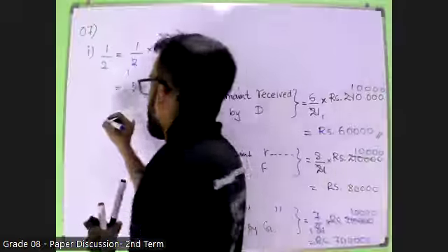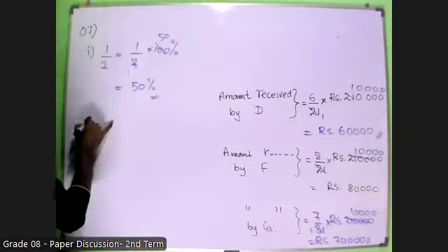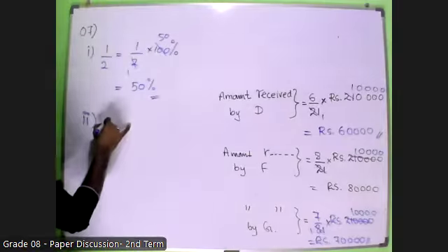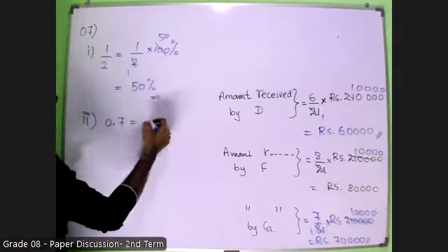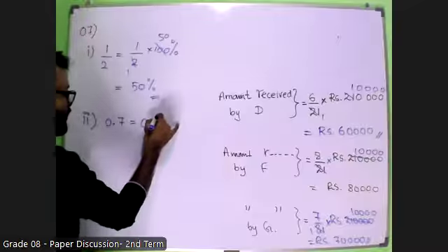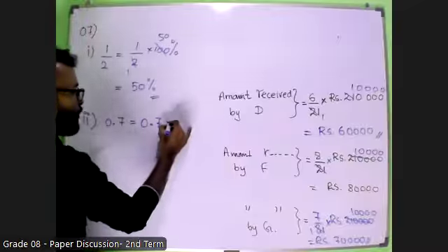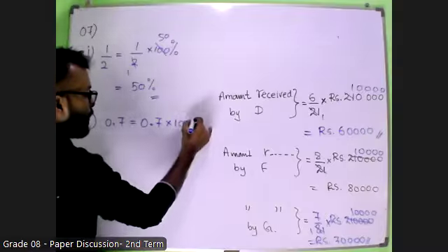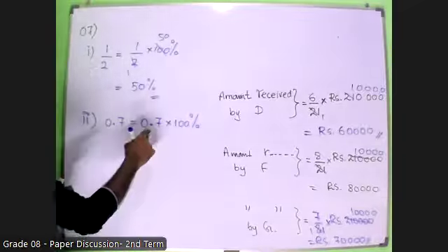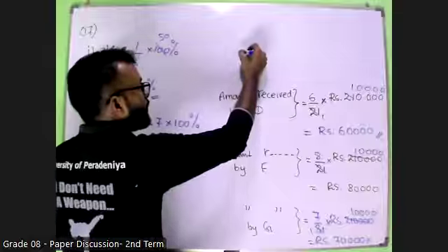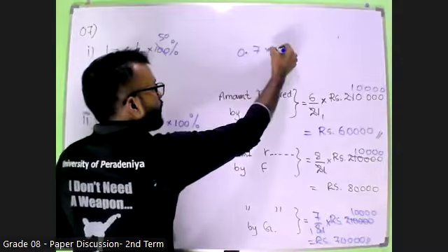So second one. Here you need to convert 0.7 into a percentage. How do you convert 0.7 into a percentage? You have to multiply it by 100%. You know how to multiply a given decimal by 100.